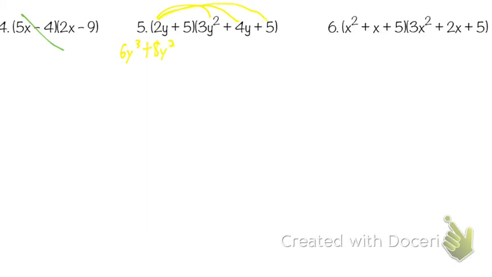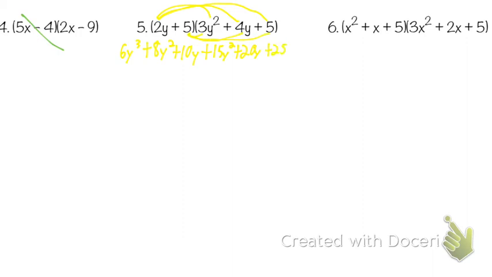And then 2y times 5, 10y. So now I did 2y times absolutely everything in that next parenthesis. What am I going to do next? Do the same thing with the 5. Multiply it to those 3 in the following parentheses. So 5 times 3y squared, 15y to the second. 5 times 4y, 20y. And then 5 times 5, 25.